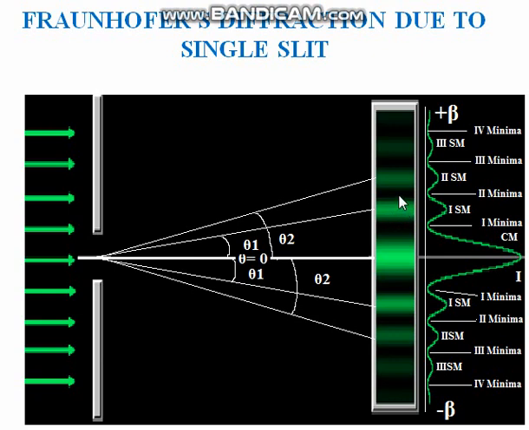After the first secondary maxima there is a second minimum, and then the second secondary maxima having reduced intensity as compared with the first secondary maxima, and so on. This pattern is identical on both sides of the central maxima.